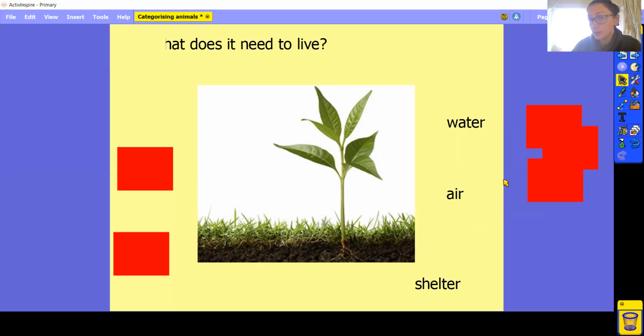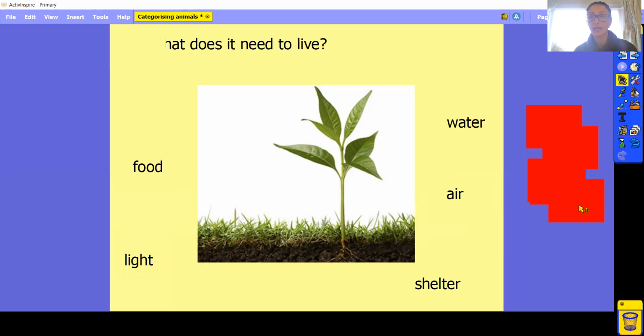And it can't be in too hot a place, because if it's too hot, it won't be able to survive either. So it needs to be in the right temperature for that plant. It also needs food. Plants get food from the soil. That's where they get what we call nutrients. You say it, nutrients. And they get that from the soil that they're planted in. And they also need light to survive as well.